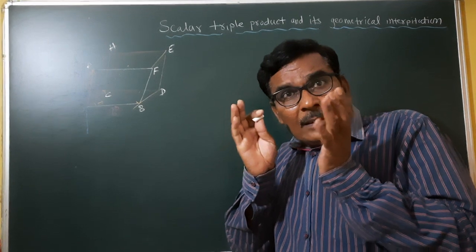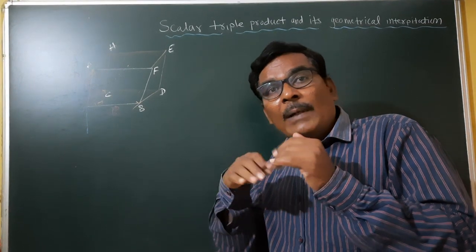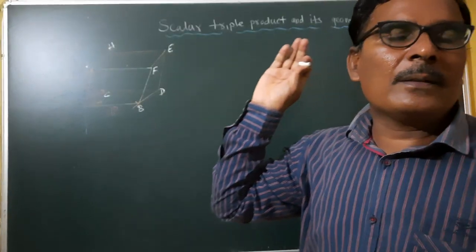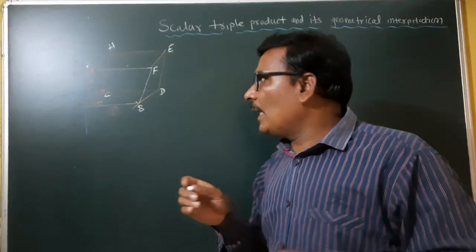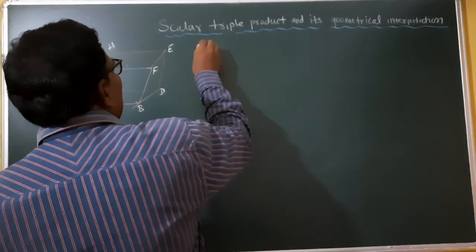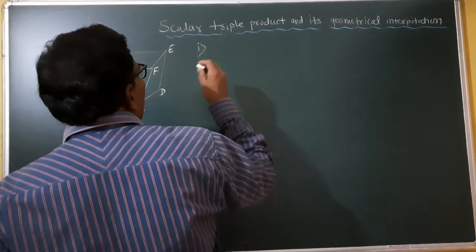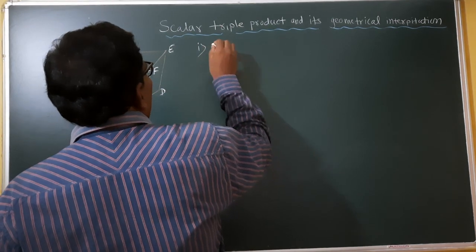When these two vectors are multiplied scalarly, it is called the scalar triple product. And if the two vectors are multiplied vectorly, it is called the cross triple product or vector triple product.